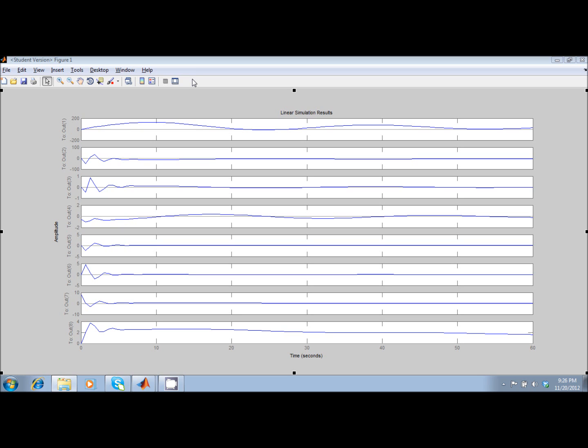Today we're going to be simulating the effects of gyroscopic motions from an aircraft propeller on all the aircraft's longitudinal and lateral motions.